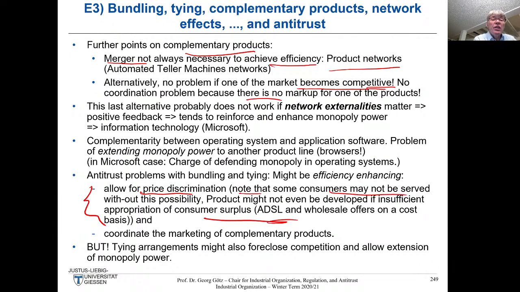What is interesting here, these complementary products played a large role in the Microsoft case, where you have both the operating system and the application software.